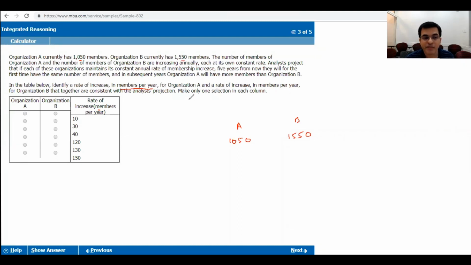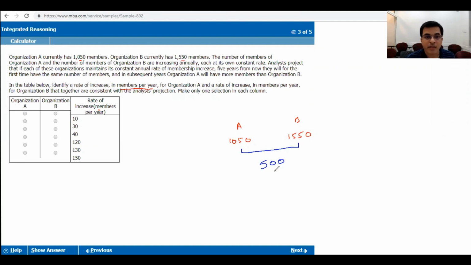It's very easy, in fact, to tackle this question. The first thing we have to take note of is that the way things stand today, B has a lead of 500 over A. Okay, it's like a race. B is ahead in the race, A is lagging behind, and the lead that B has over A is exactly 500.